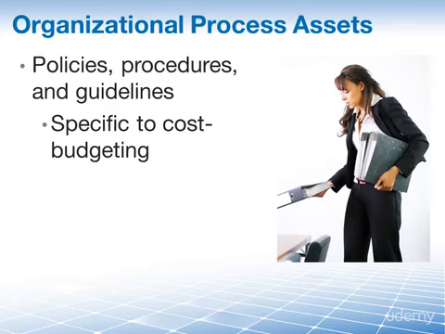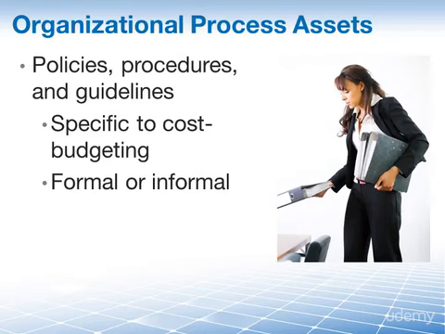There is a difference here. Whereas we were naturally focused on organizational process assets relevant to estimating costs when we looked at the Estimate Costs process, now we are in Determine Budget, so we are interested in the specific policies, procedures, and guidelines that will inform us about cost budgeting. Note that these policies, procedures, and guidelines may be both formal and informal.